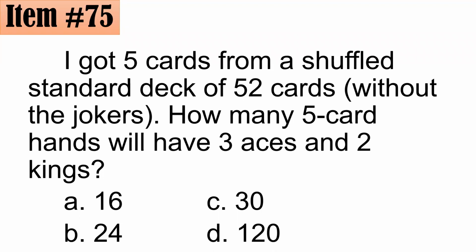That's why, may ilang pong aces sa isang deck of cards? 4 po. 4 po yung alas. May ilang kings? 4 din po. So, sa 4 na aces, pipili ka ng 3. Sa 4 na kings, pipili ka ng 2.